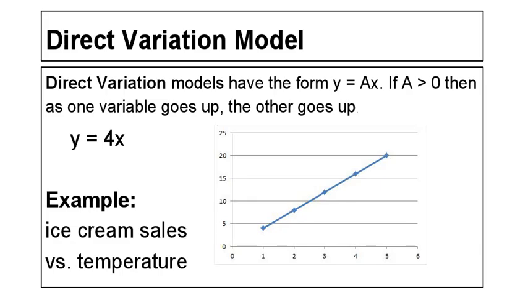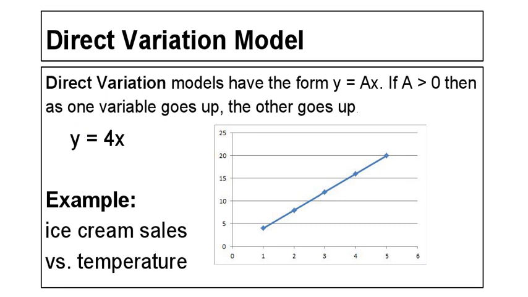Okay, I want to talk real quick about formulas and the way that they're stacked, the way that they're arranged. Anytime you see a formula that has this kind of form, where there's a variable here and there's a constant there and you get something else, that's a direct variation. If I put a bigger number in x, I get a bigger number in y, right?